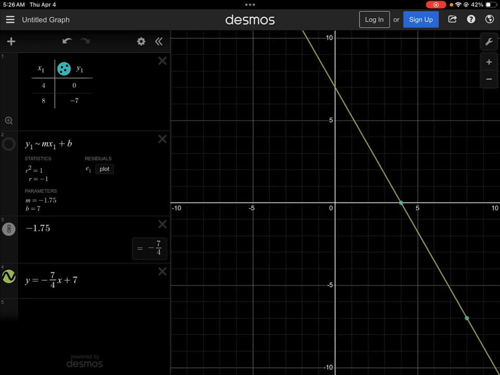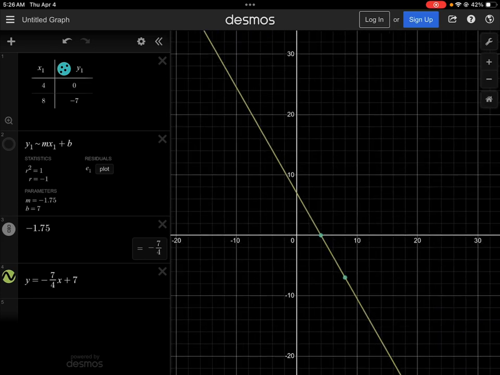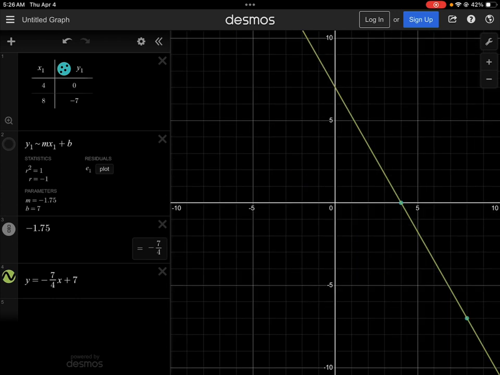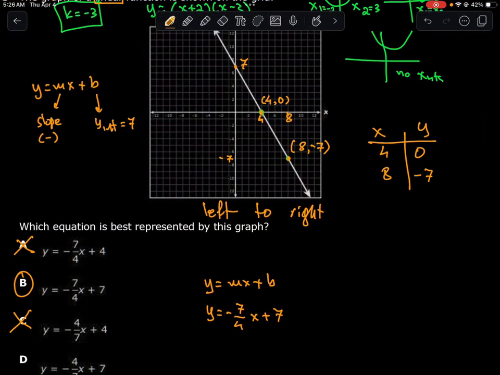Now if you tap the home button, you see it's on the top right. If you tap it, it's going to fix the scale for you, and then it's going to be the same scale on the horizontal and vertical axis, and then it's going to look similar to this one, because also here we have the same scale on the horizontal and vertical, meaning each division counts for 1 for both.